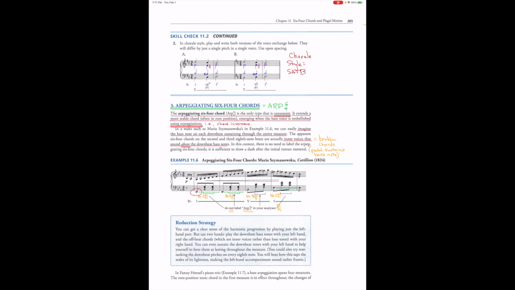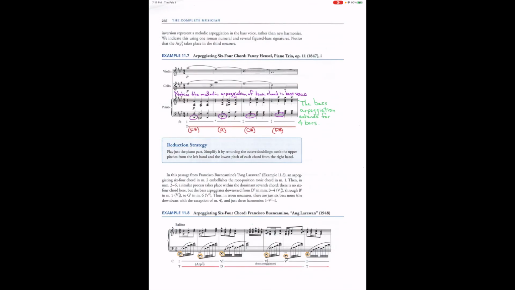We're going to look at 11.7. Laitz says in Fanny Hensel's piano trio, the bass arpeggiation spans 4 measures. The root position tonic chord in the first measure is in effect throughout that whole bar, and it kind of continues the whole way.